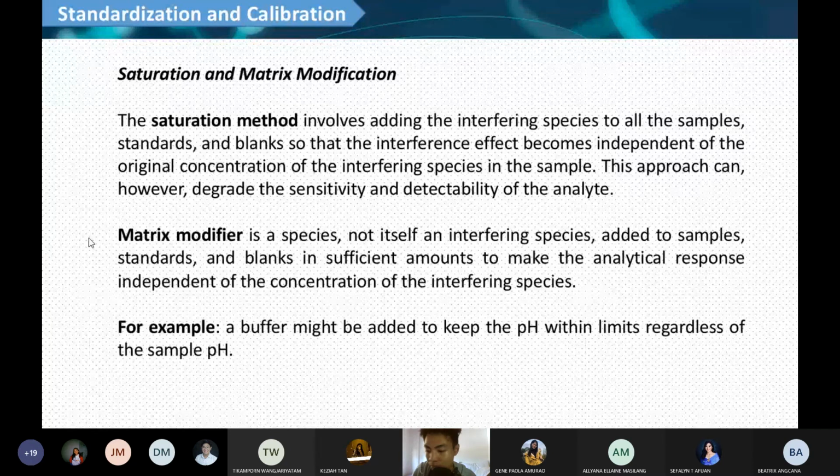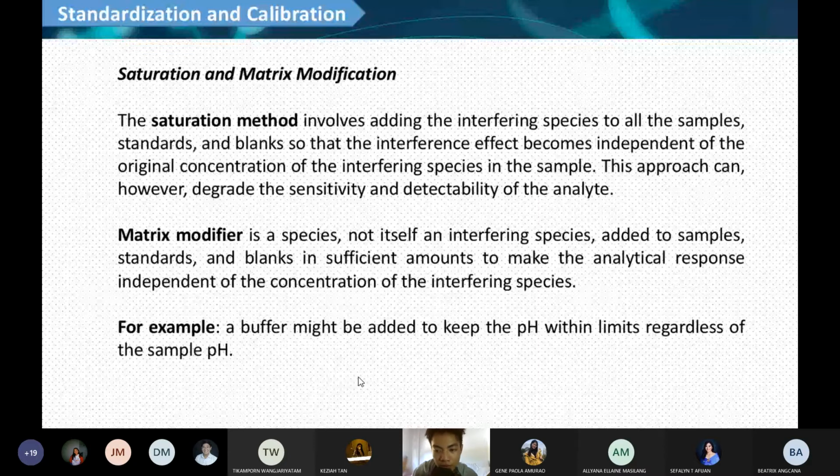Next one is saturation. When we say saturation, that means you're going to add interferences to your sample so that you can detect them, and then later on you can remove those readings. Matrix modifier is the counterpart, in which you add a matrix modifier solution to your sample in order to suppress your interferences from being read by the instrument.